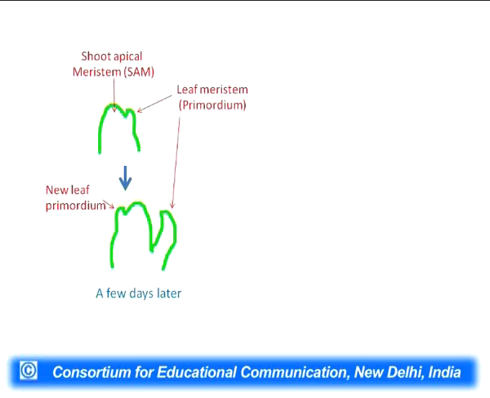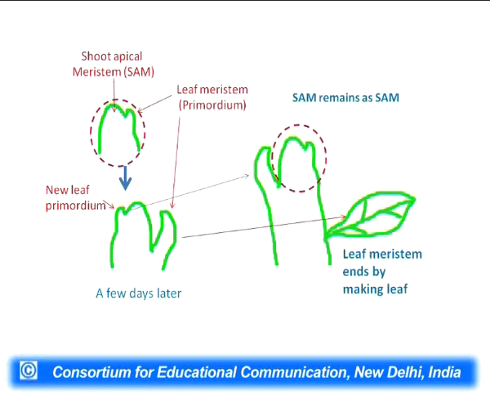After a few more days, this leaf meristem will convert into a full leaf, and the leaf primordium will turn into another leaf meristem, and the shoot apical meristem will remain a shoot apical meristem as it was in the very first case. So, the shoot apical meristem continues to grow and keeps giving rise to one leaf after another. That is basically the concept of repeating growth, or the phytomere concept.